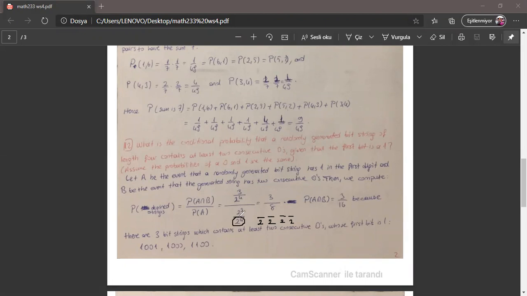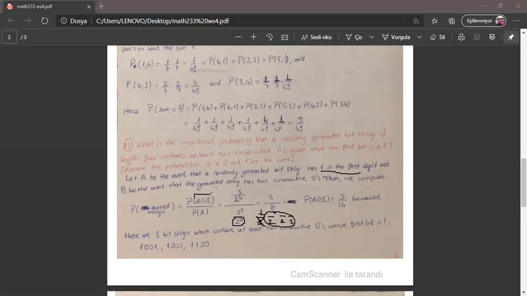And why do we write 2 to the 3 here? We know that the first digit is 1, so we have no choices for that, only for the remaining digits. So we have 2 to the 3.